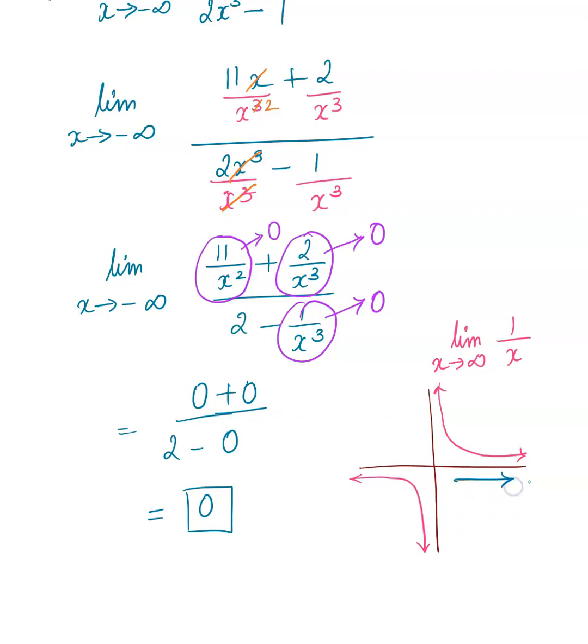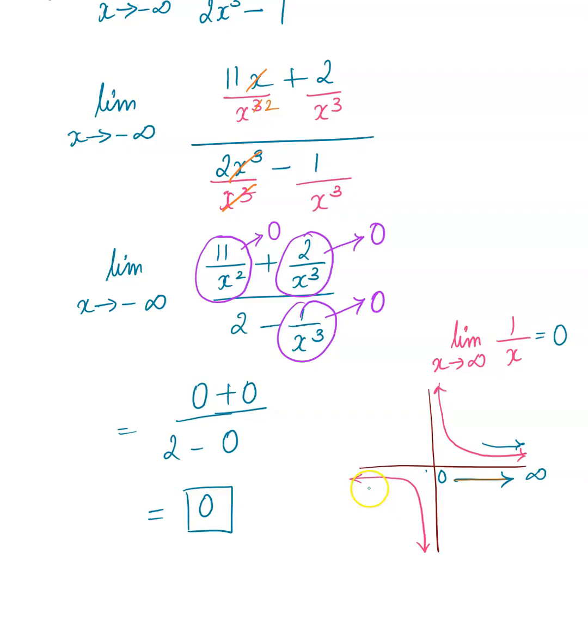So as x approaches positive infinity, as x gets larger and larger, notice how your pink graph gets closer and closer to the x-axis, which is 0 for the y value. That is what it means to say that the limit of 1 over x as x approaches infinity is 0.